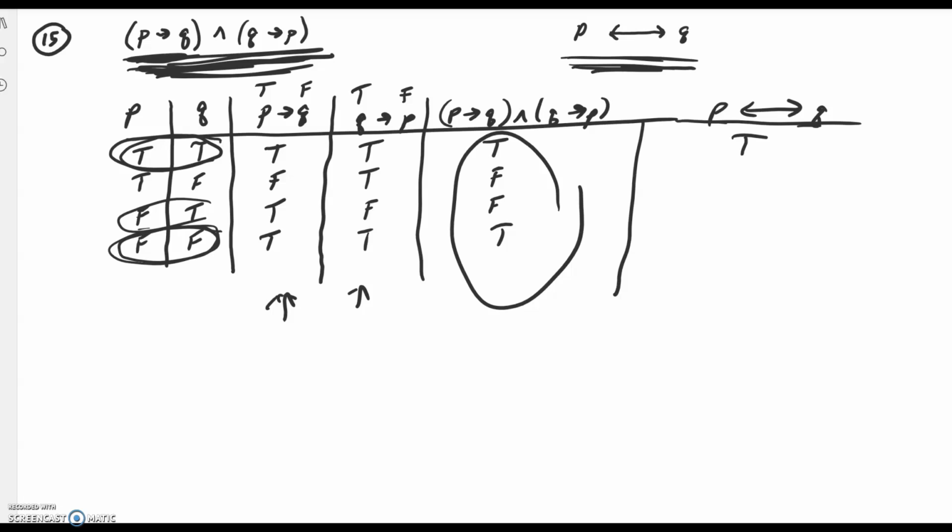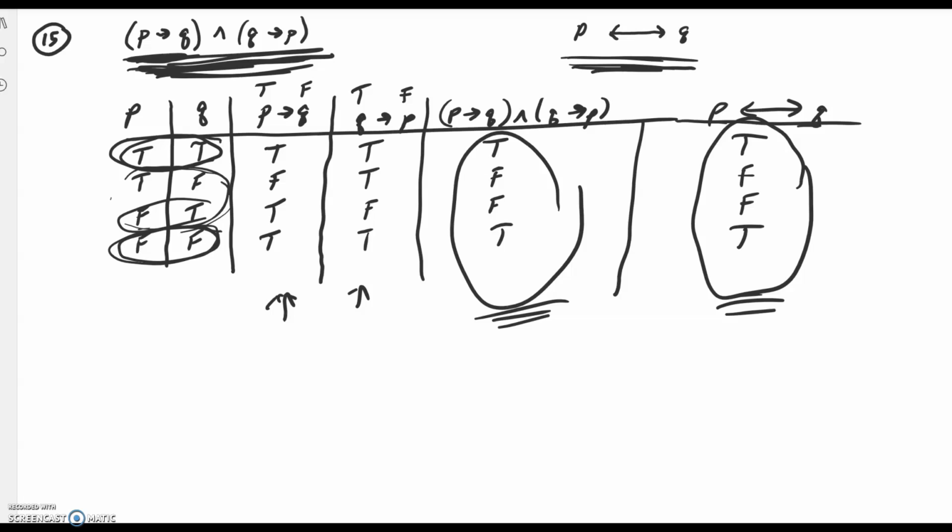P and Q are both false, so that means the biconditional is true. Here P and Q have opposite truth values, so that means the biconditional is false. And we can see, as we thought, that these two are exactly the same truth values in exactly the same order, so this is equivalent.